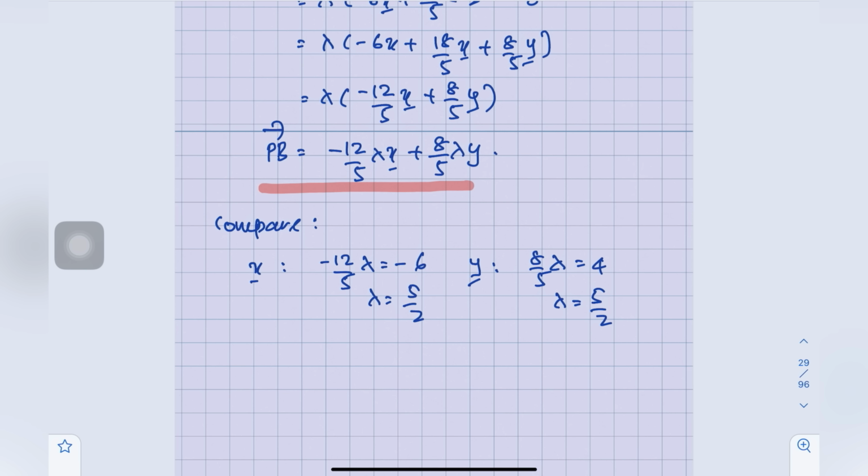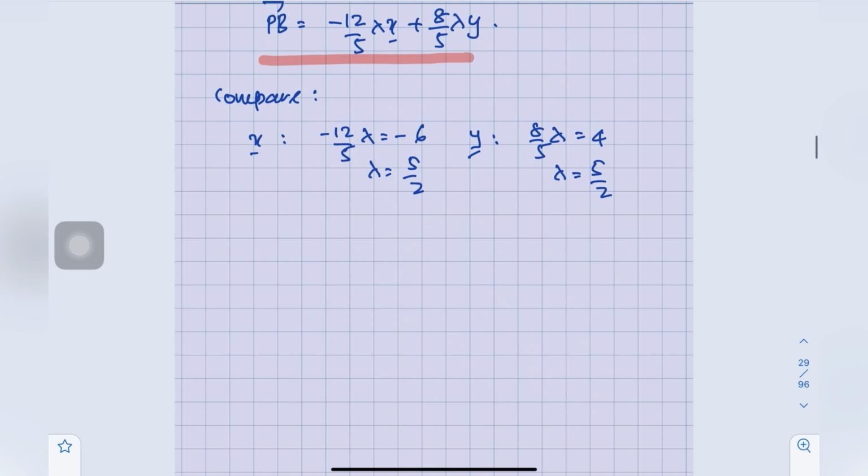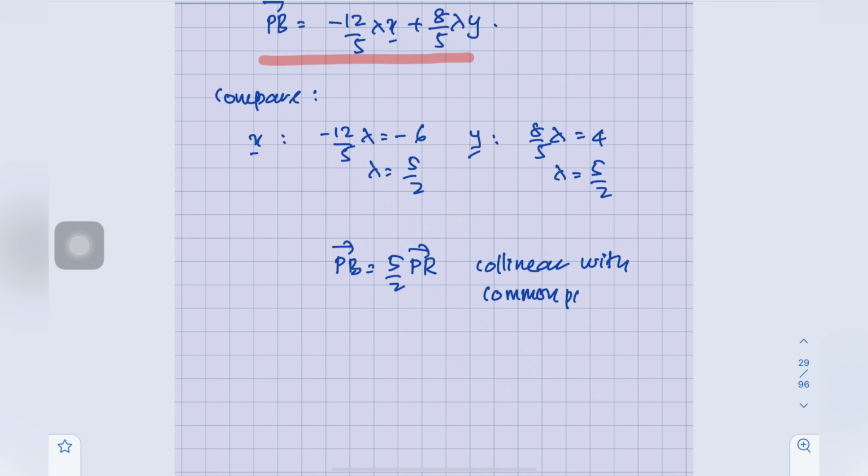Meaning that we substitute back into PB equals lambda PR. So PB equals 5 over 2 PR. Vector PB equals 5 over 2 vector PR. So they are collinear with common point P.